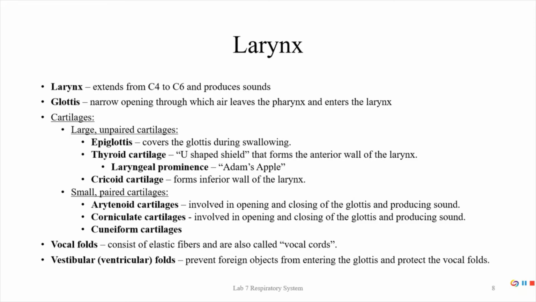Their voice box, their larynx can be quite explosive. Really powerful voice. Well, C4 is a type of explosive. C4 to C6 is where the larynx sits. Now, we will see a glottis, and that's the opening which air enters and leaves the pharynx to enter the larynx.